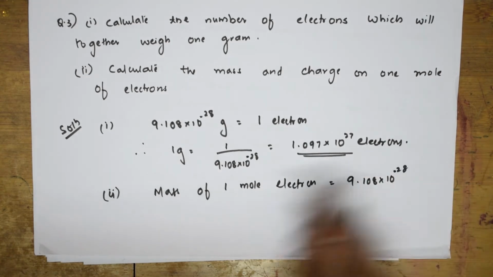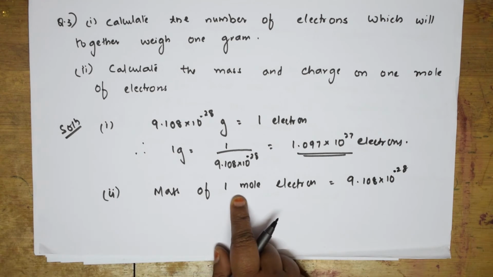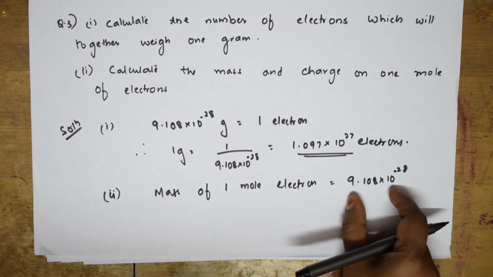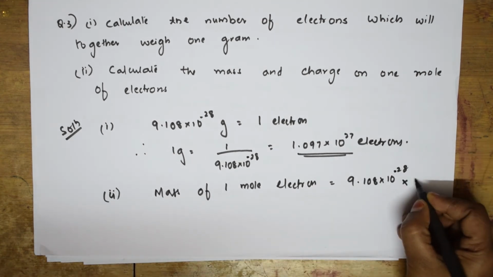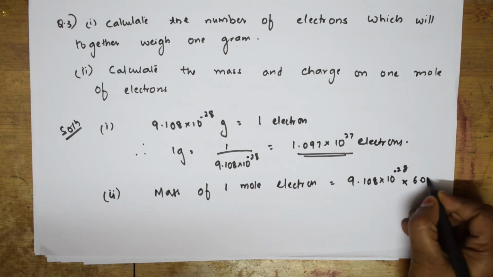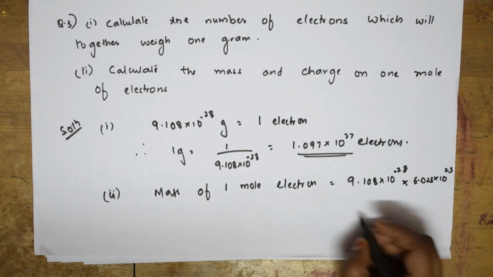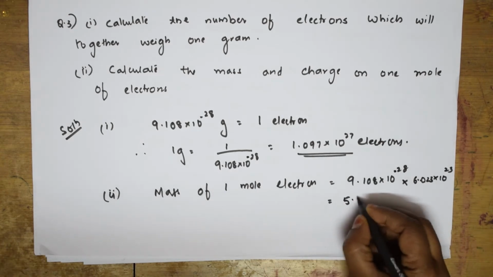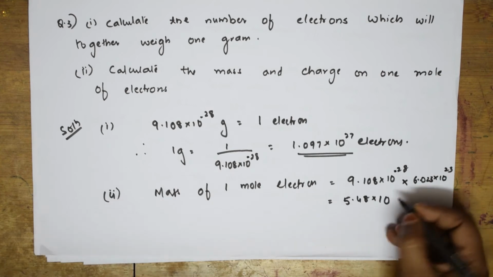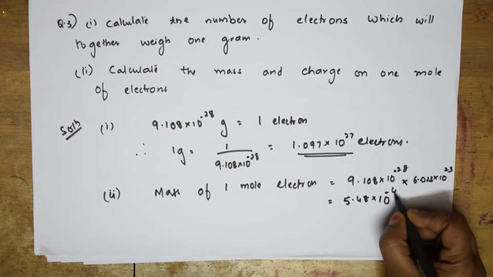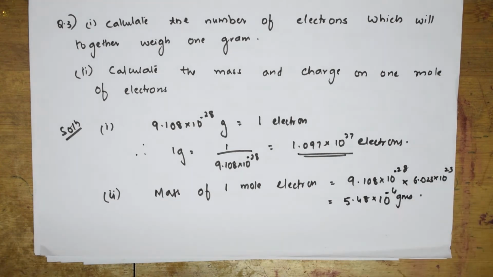But they said the mass of 1 mole of electrons. 1 mole is how much? Avogadro number, isn't it? So you multiply the weight by the Avogadro number, that is 6.023 into 10 raised to the power of 23. When you multiply, you get an answer of 5.48 into 10 raised to the power of minus 4 grams.